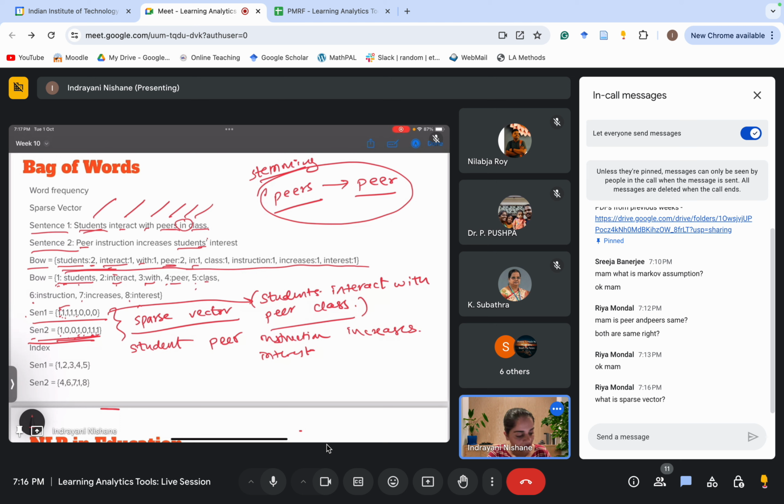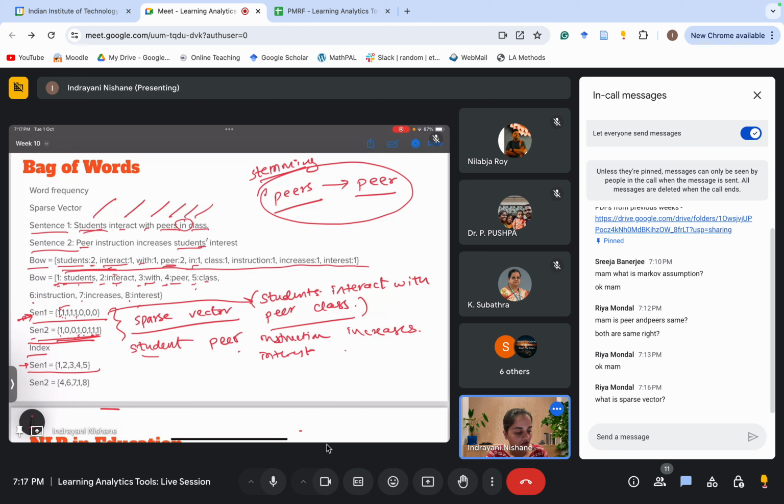Now this is the index, but it is not in the correct order. So we should also have the correct order of these words. We assigned the index here: 1 was student, second was interact, third was with, 4 was peer, 5 was class. So we will now write down the sequence of those indices to get the correct structure of the sentence. From this we know which words are present, and from this we know the order of the words.